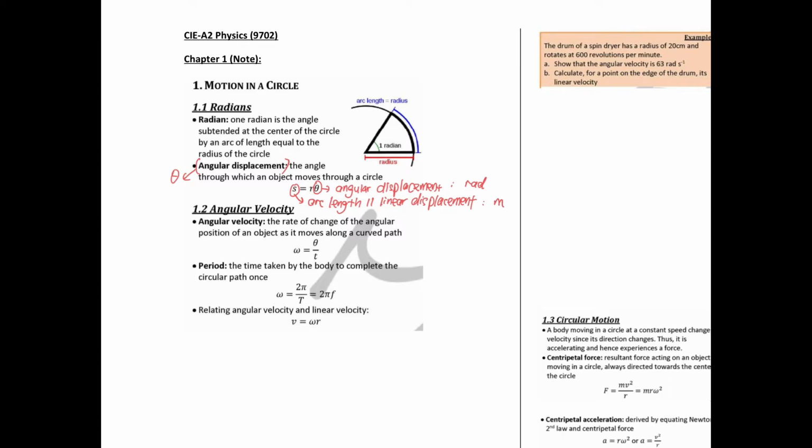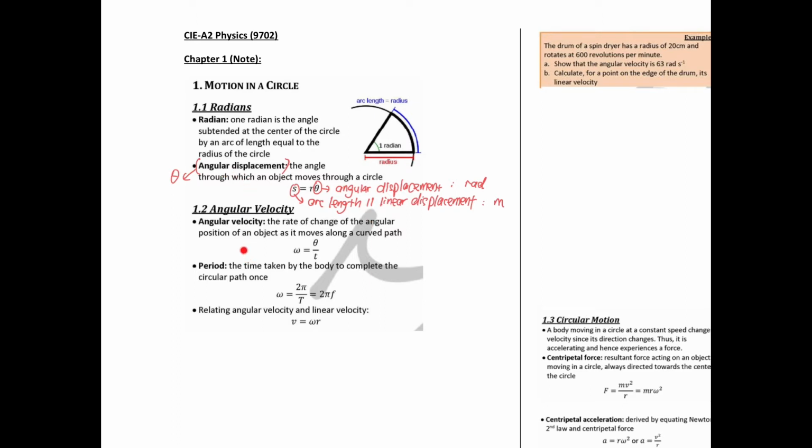Now let's move on. 1.2. Angular velocity. Angular velocity is the rate of change of the angular position of an object as it moves along a curved path. That means how fast the angular displacement happens.